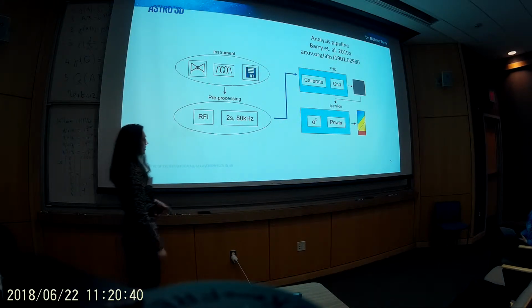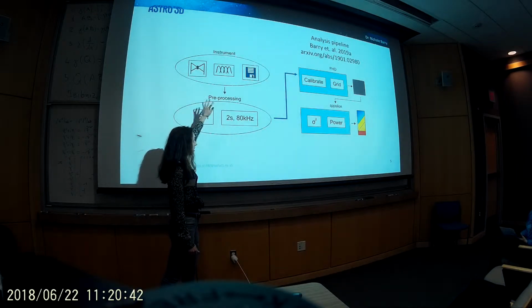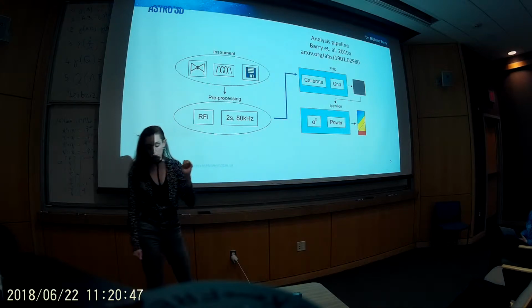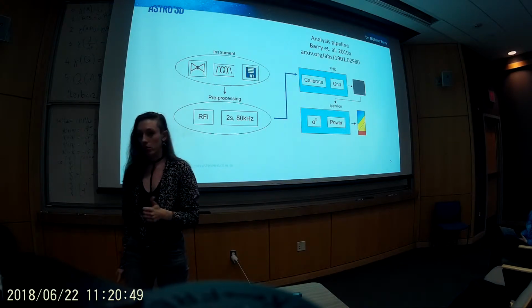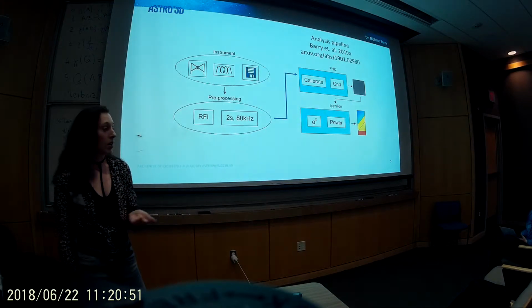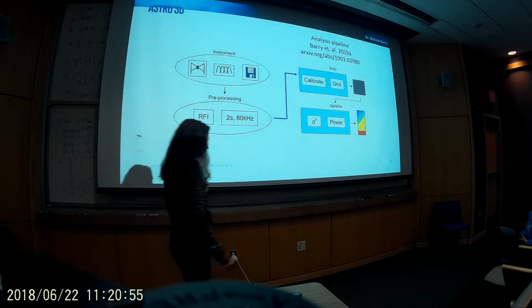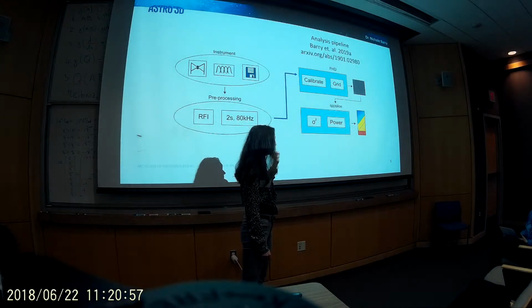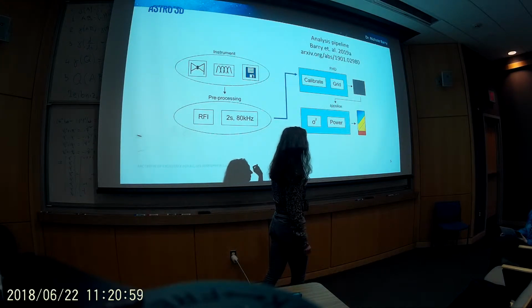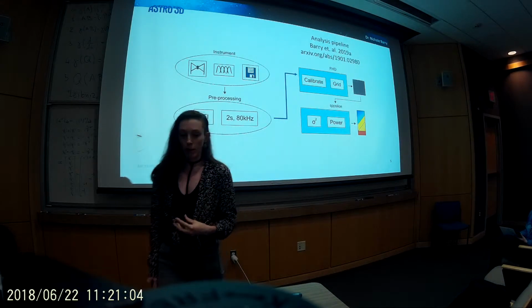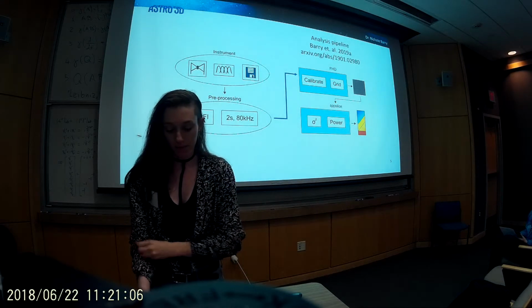Essentially, you have this part of the flow, which is mostly based off of things like Cotter, which is an RFI flagger, a file converter, and an averager, and stuff in the instrument. Then it feeds into FHD, which takes images, and those images feed into epsilon, and epsilon makes a power spectrum estimation out of that.